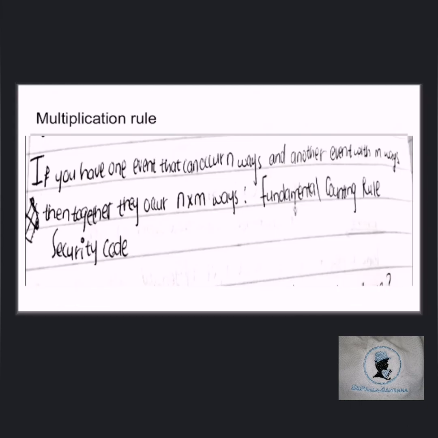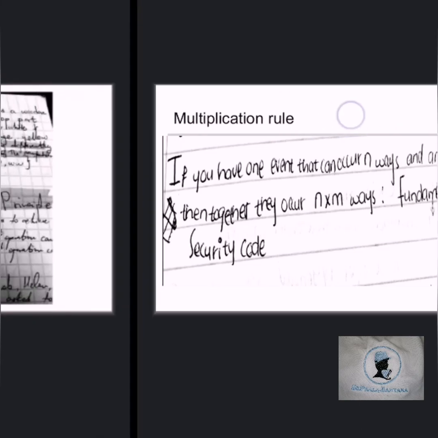Using the counting principle or the multiplication rule, which told us that if we have two events, one occurring n times and the other m times, together they occur n times m ways, here we have the first event where the top part can be colored in 3 ways: red, blue, or white, and the bottom part can be colored in 4 ways.